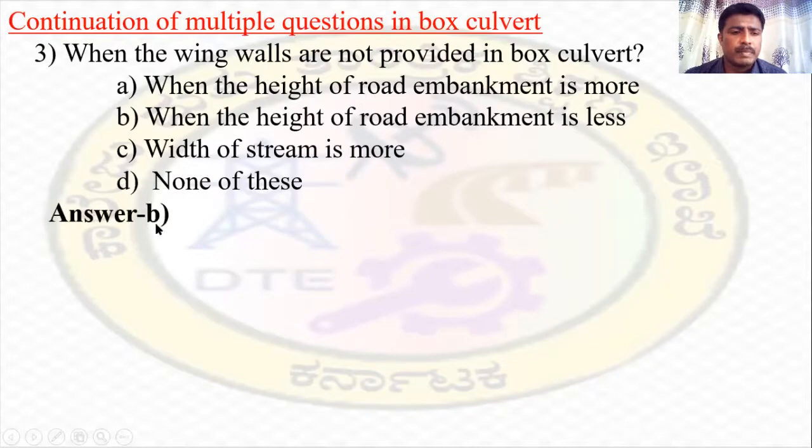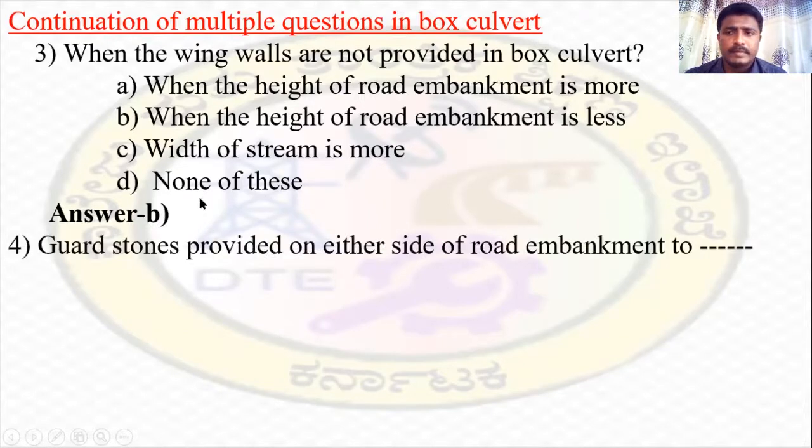Answer is option B. Wing walls are not provided in a box culvert. So when the height of road embankment is low, wing walls are not provided. So answer is option B.